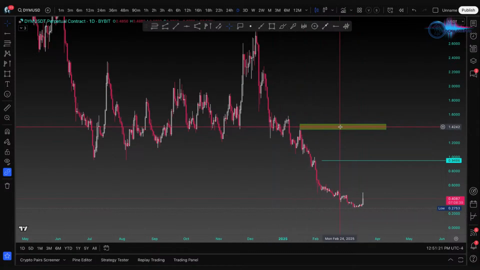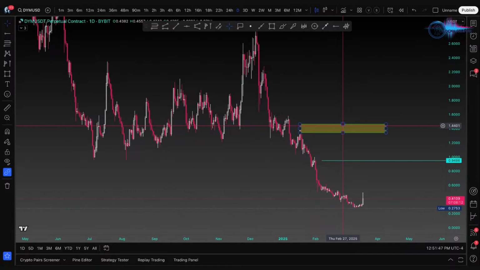Normally this box would have been drawn like this, but being it came in there, touched that fair value gap, that would have been a good short. Come down, come back up, touch that fair value gap, and short from there. It would have been a hell of a short. So you don't always have to be in a trade.